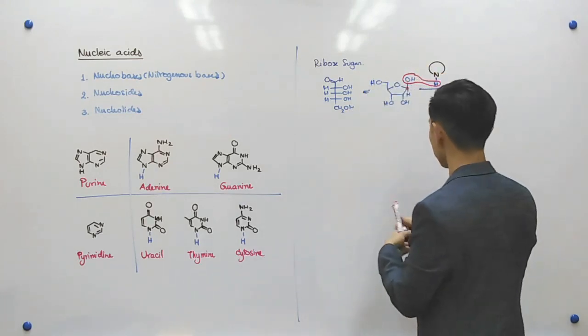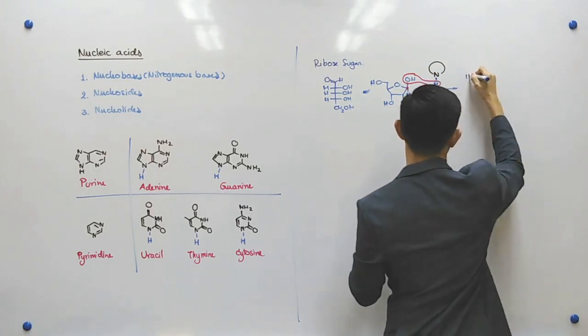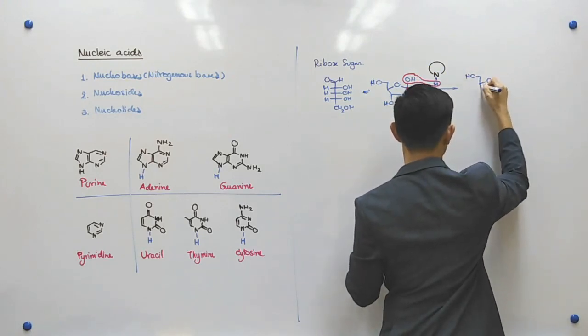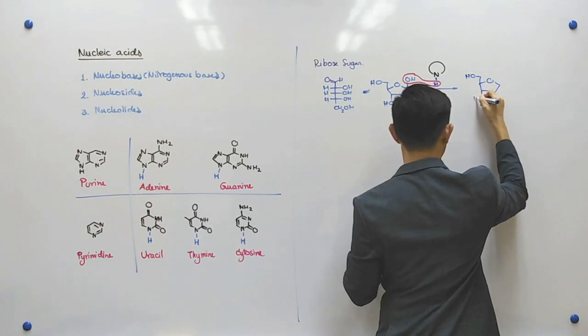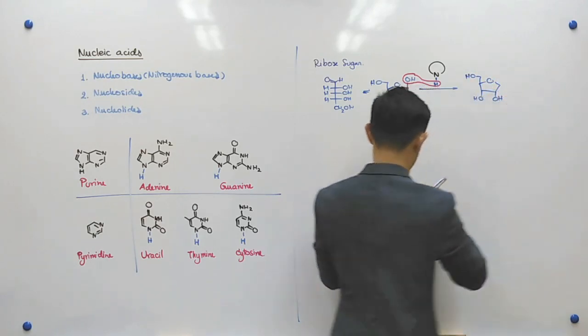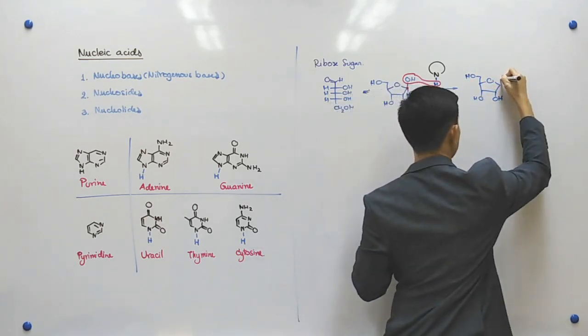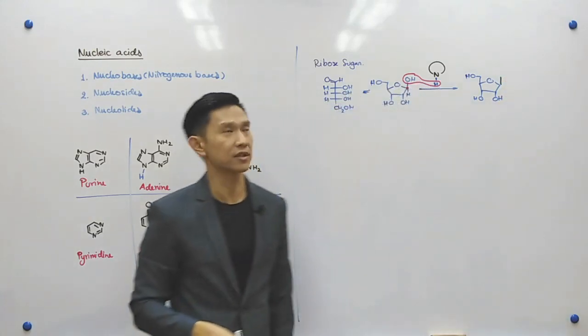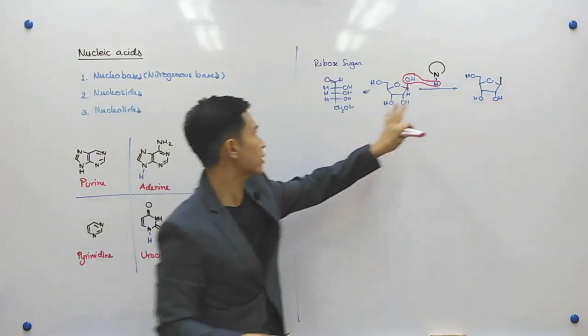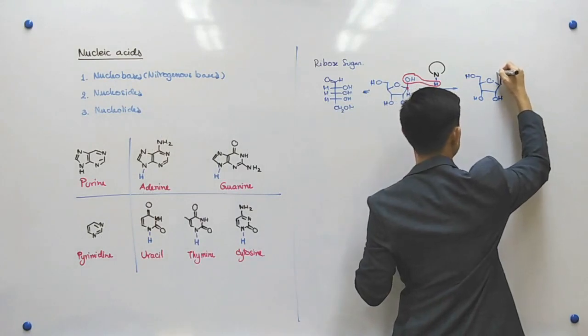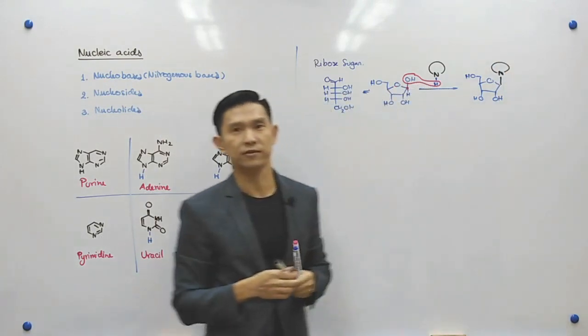So at the end, you have OH, OH, and a glycosidic linkage condensed between ribose sugar and your nitrogenous base. You have this kind of structure.